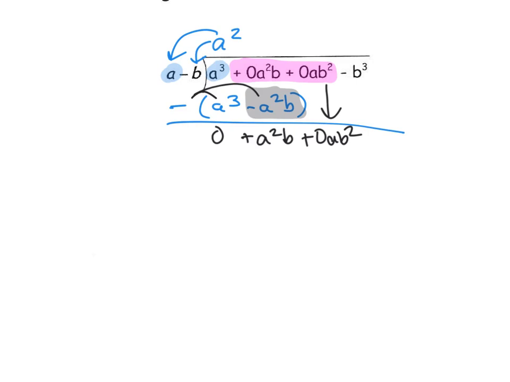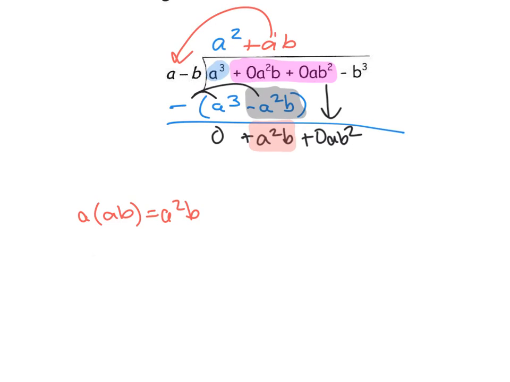Now again, let's go back. We want to see a times what gets me to a squared b? Well, we're missing an ab, so this needs to be ab.